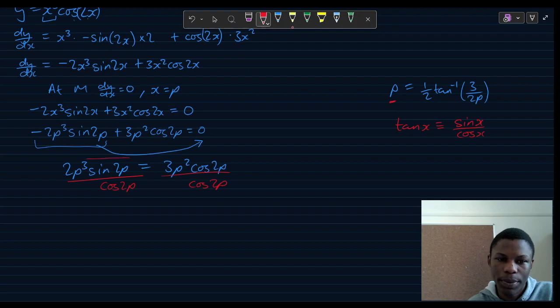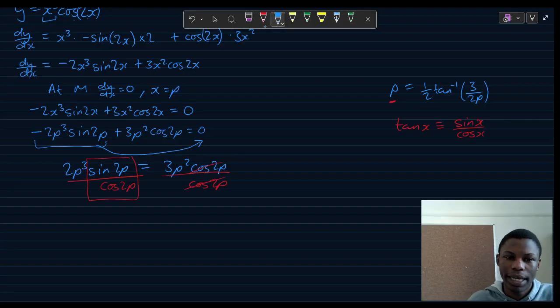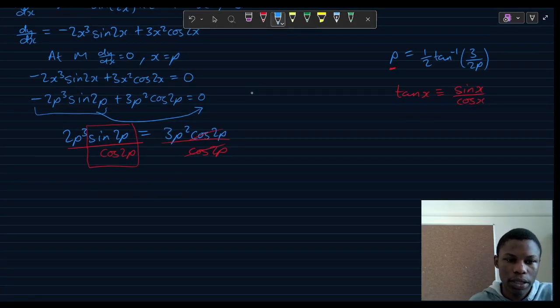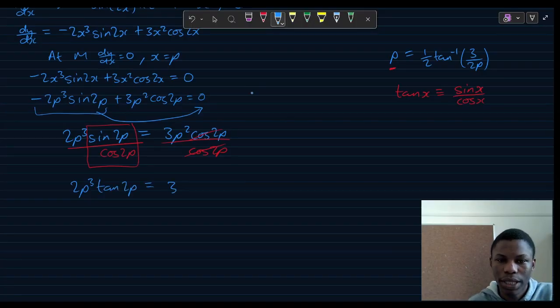Because now that gives me what I want on the left hand side, which is sine 2p over cos 2p, that's tan 2p. And on the right hand side, the cos 2p's just cancel out. So what I end up with is 2p cubed tan 2p, and this is equal to 3p squared.